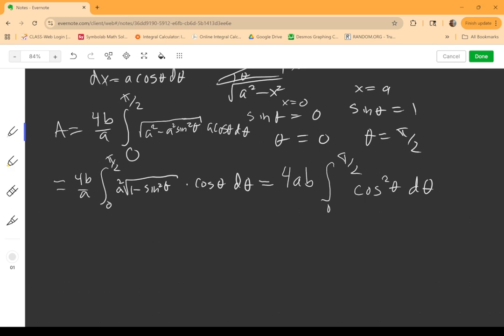All right, it is a square of cosine, so let's use the power reducing, the double angle formula. So that tells me we have 4ab, the integral from 0 to pi over 2 of 1/2 times 1 plus cosine 2 theta d theta.